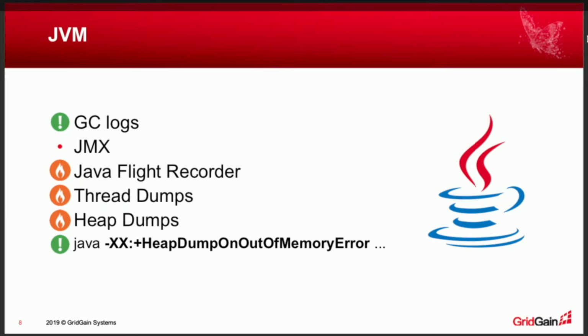Also, thread dumps to look into deadlocks, or heap dumps to look into memory leaks are useful here. For heap dumps, well, usually if you have a memory leak, at some point you're going to have an out of memory, in most cases, and in this case the heap dump is the most useful part of the information.